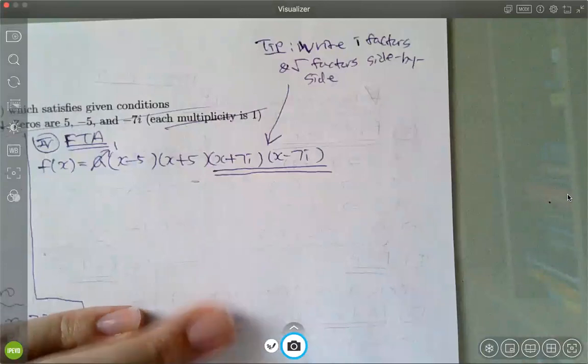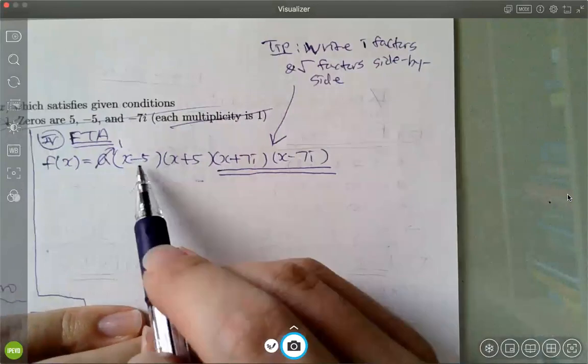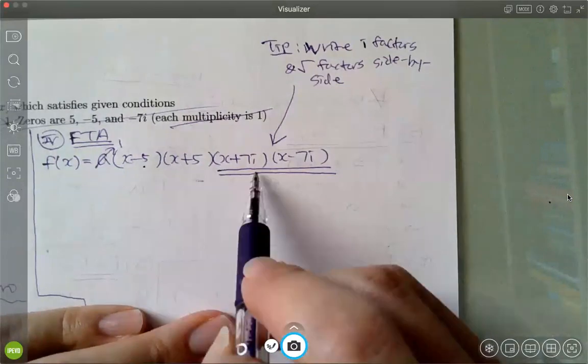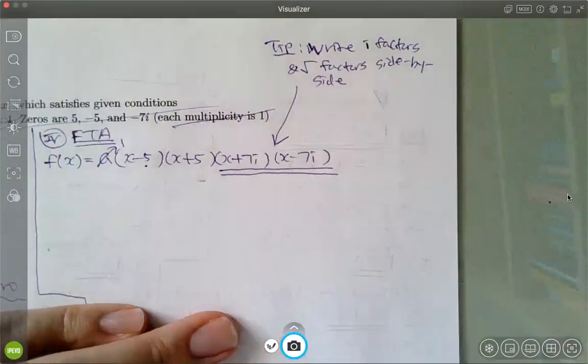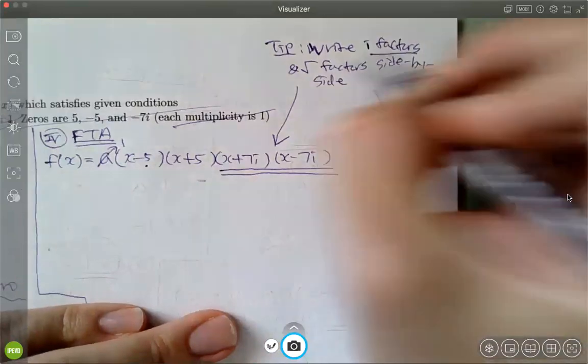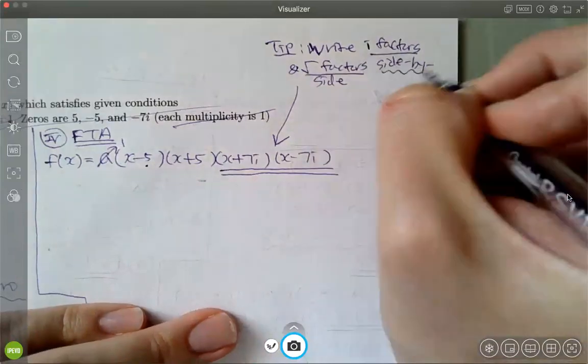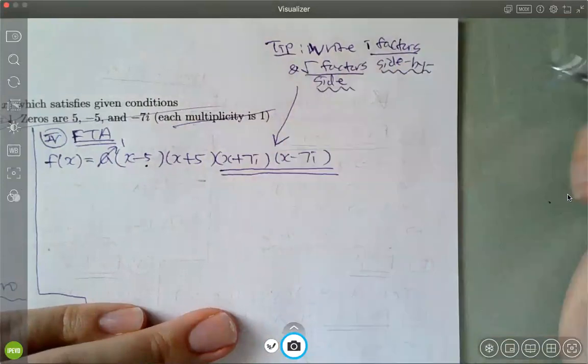So what does that mean? You can write x minus 5 times x plus 7i, and then times x plus 5 and x minus 7i, and still get the same thing at the end. But my recommendation is write the I factors and the square root factors right next to each other. Okay, so that's my first recommendation.